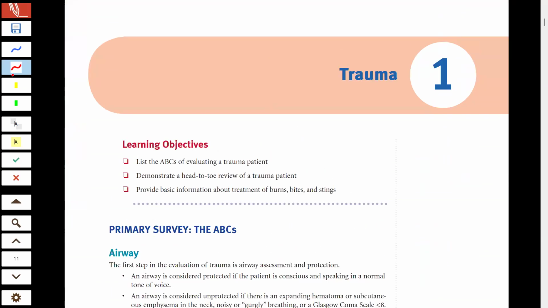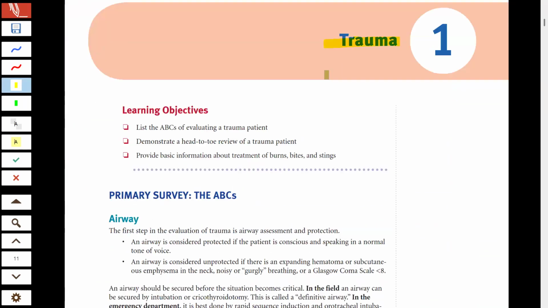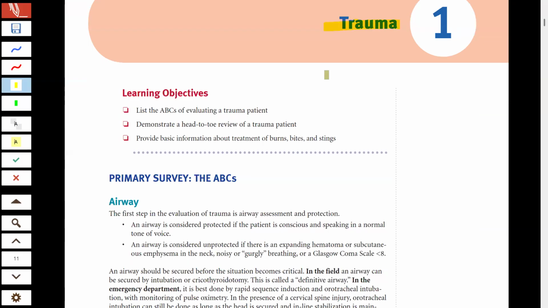Chapter one, trauma. For example, a patient had an accident, an RTA. After an RTA, what are the things you have to consider?